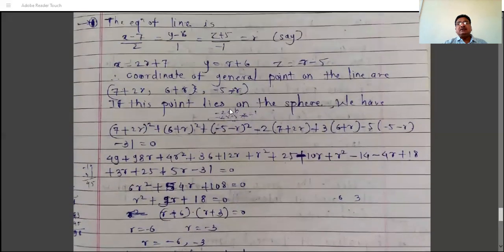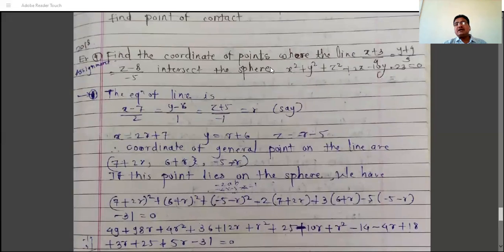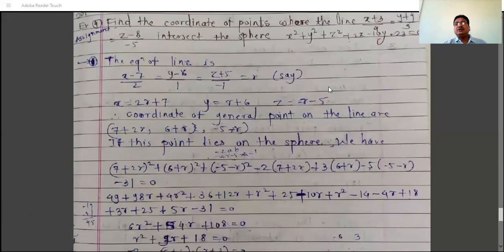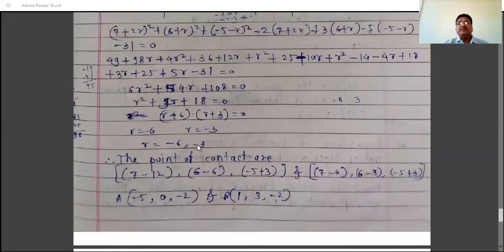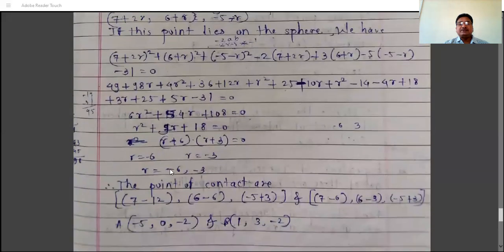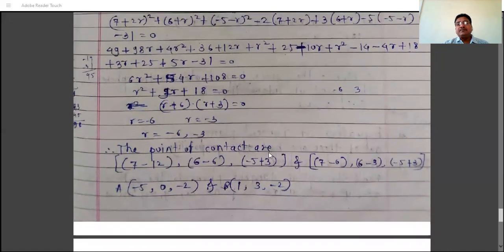So when we show that the line is tangent to the sphere, or show that the line touches the sphere, the answer of that problem is the same as this problem, but the only change is at this place: both the values of r, small r, are equal. Then the point of contact of line and sphere is only one, and in that case we say the line is tangent to the sphere.